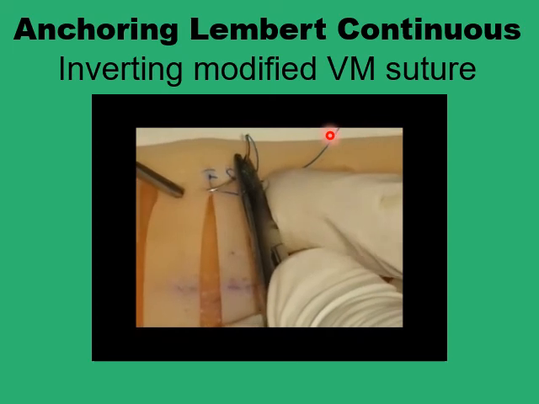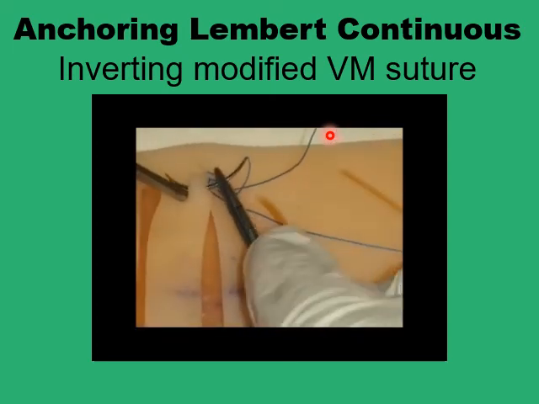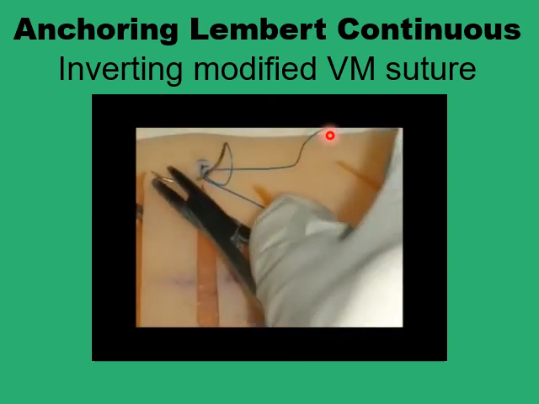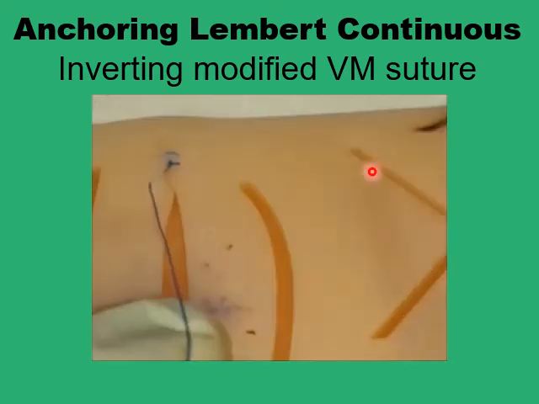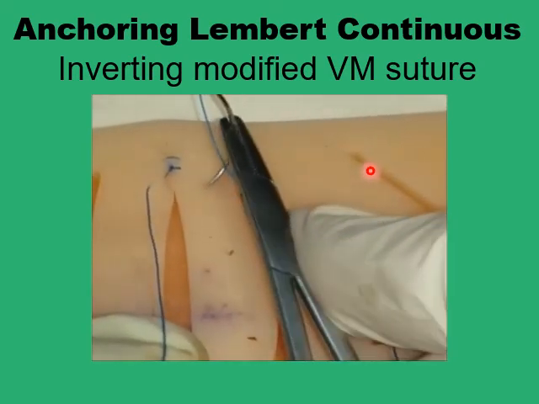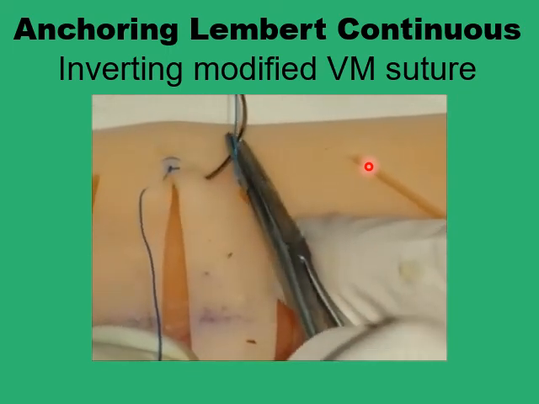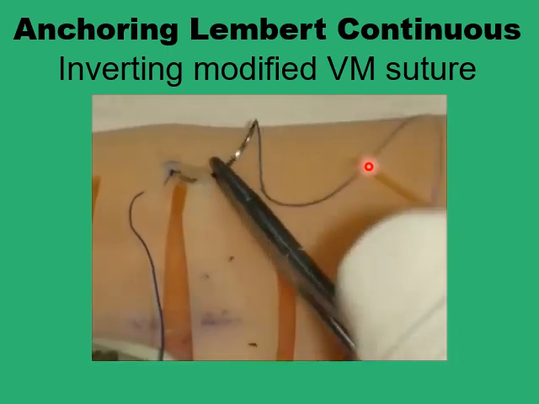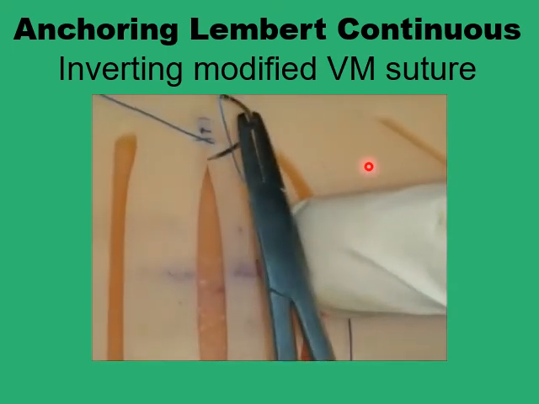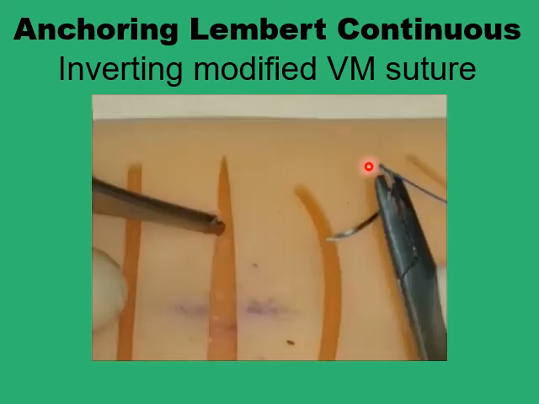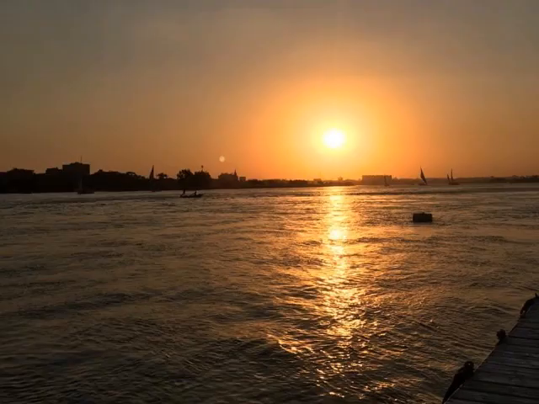You just go from near to far on one side and then reverse the needle and repeat it far to near on the other side, and you will have suture strands on the surface of the wound perpendicular to the wound edge, and this is going to cause inversion of the wound edge. So this is basically the different types of anchoring stitch and the starting stitch that you would use with different patterns of continuous sutures.